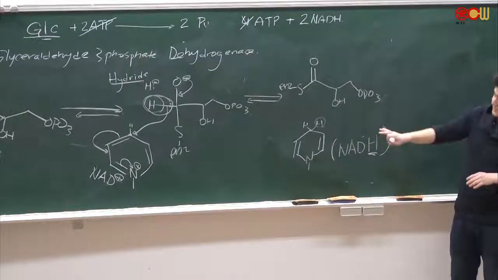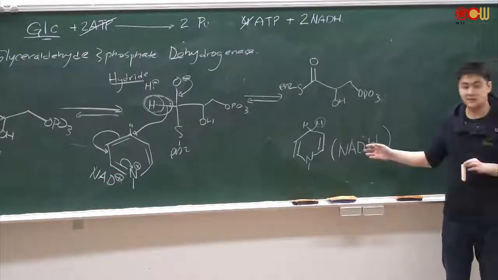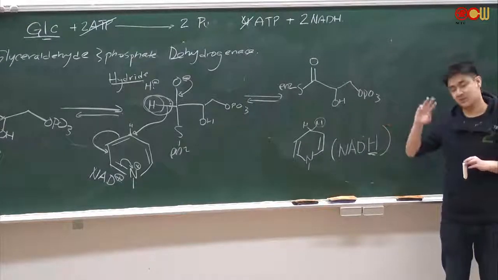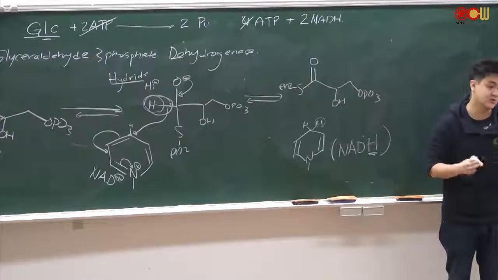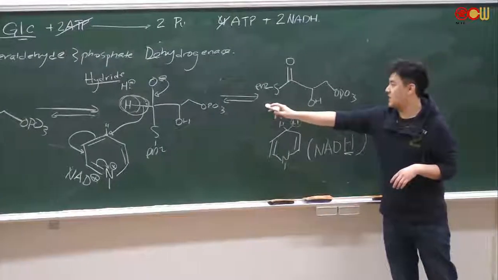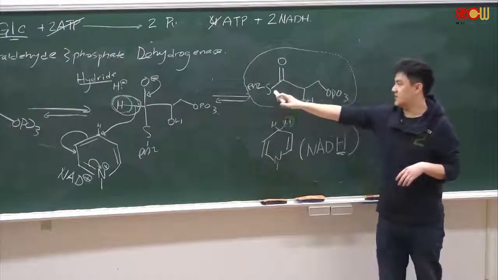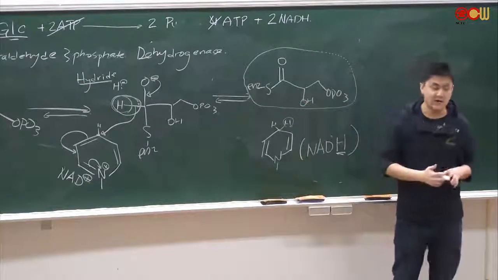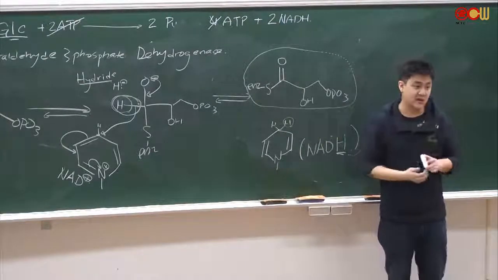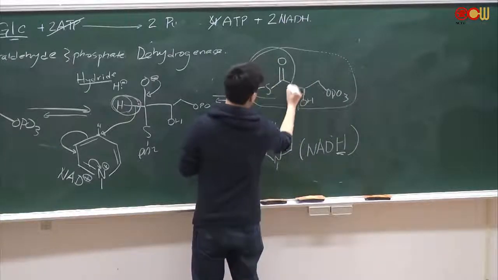If you compare NAD and NADH, NAD has 3 double bonds, NADH has only 2. So NADH is more reduced, and this guy has just become oxidized, because instead of a hydrogen here in an aldehyde, now you have a thiol ester.